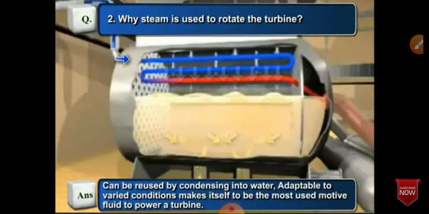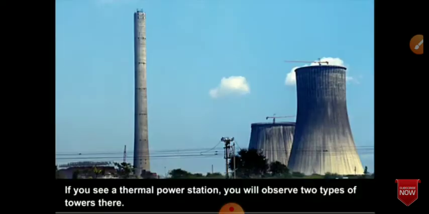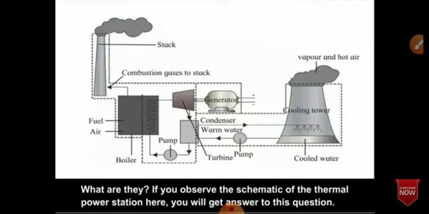It can be reused by condensing into water and it is adaptable to various conditions. You can see the structure here, how the steam is there, then the boiler is there, the turbine is there. This is a thermal power station. This structure is already studied in your book.